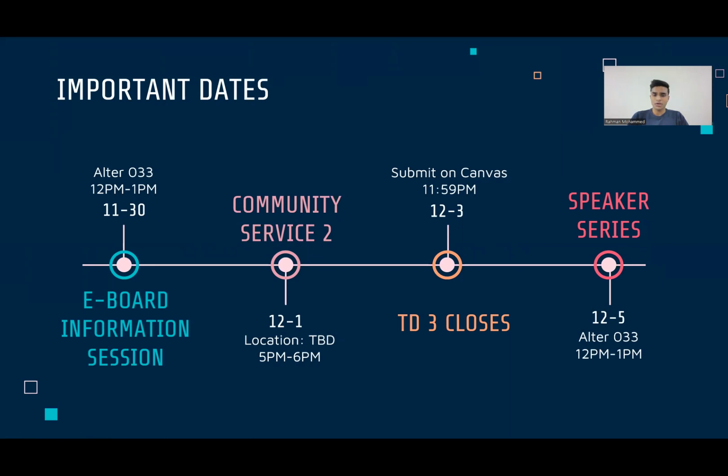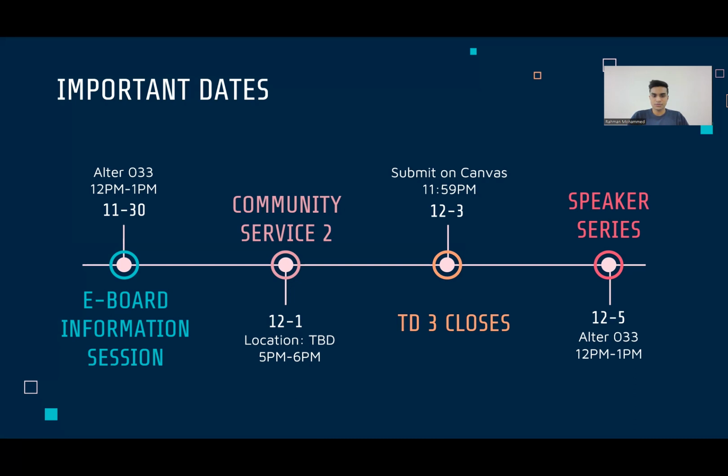And a lot of people don't know what each position is, or they just assume that this role isn't part of this track, or this role does this, but there's other components to each role. I think it'll be very good for anyone interested in joining the e-board to join. I would say come with questions. I know a lot of you are interested in joining the e-board, so just know that that's coming up.